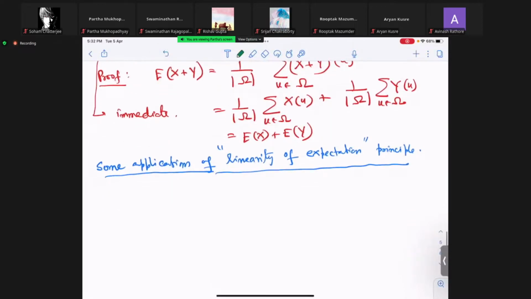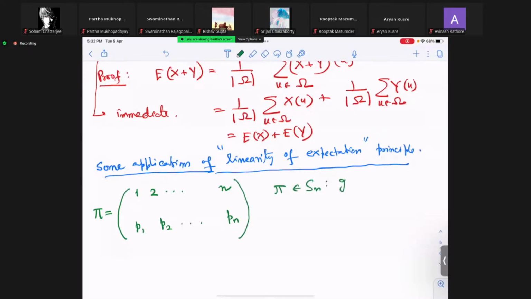So we all know what a permutation is, right? A permutation is usually denoted by, let's say, pi. So from 1 to n, 1 will be mapped to, let's say, p1, 2 will be mapped to p2. So this is a permutation from the symmetric group. It's a group of all permutations.